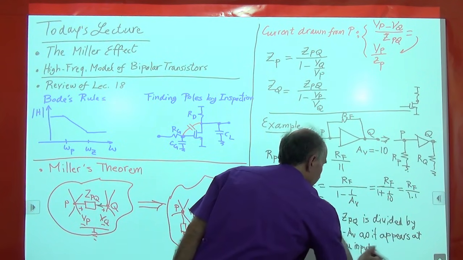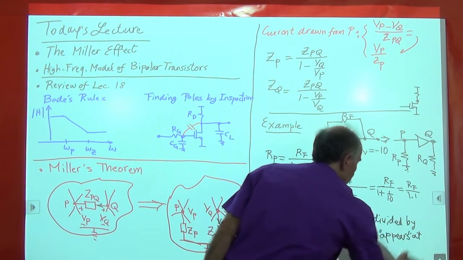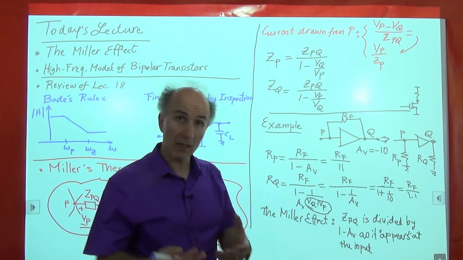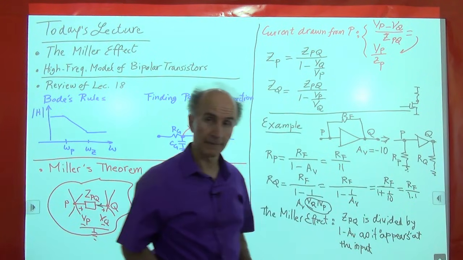Okay, so we say as it appears, right? As it appears, meaning as it becomes a grounded impedance.